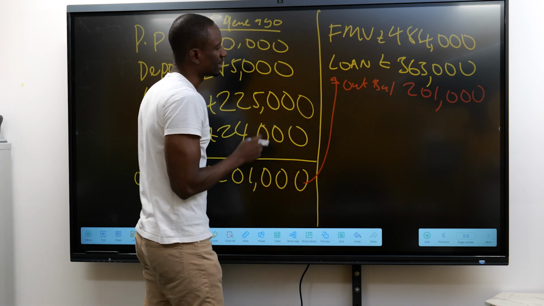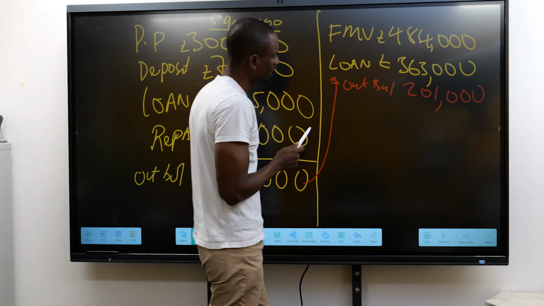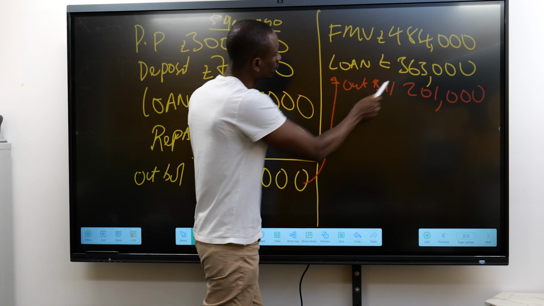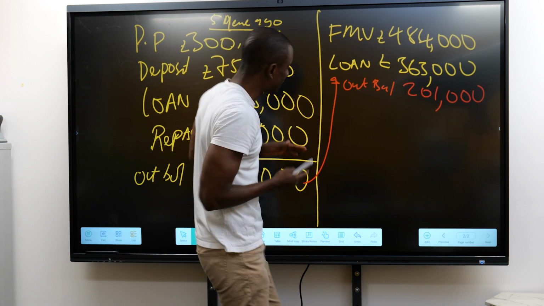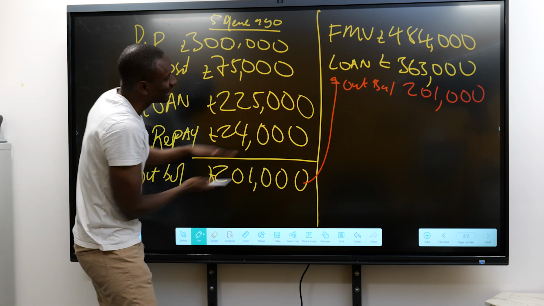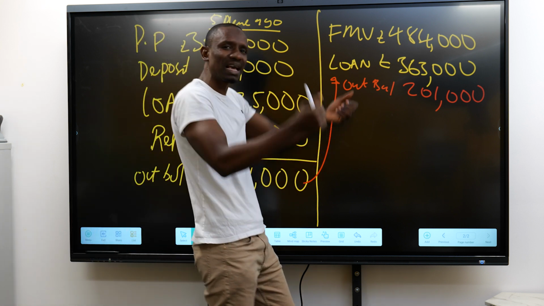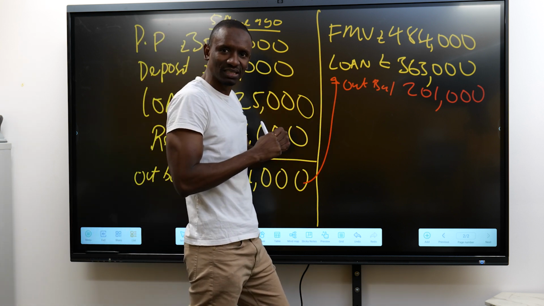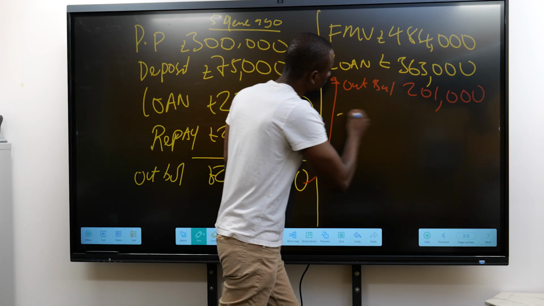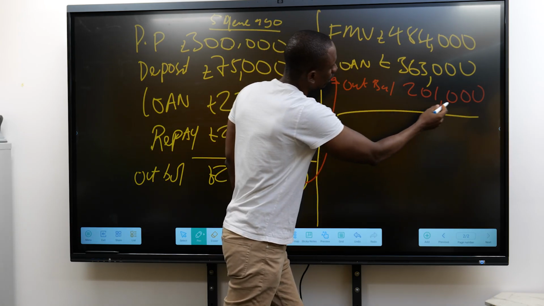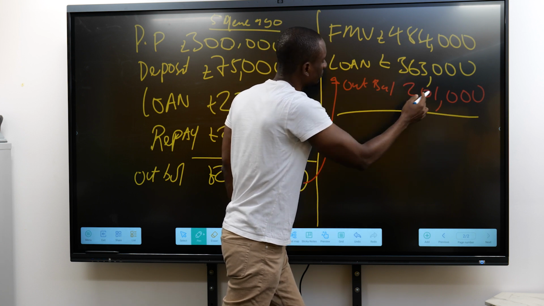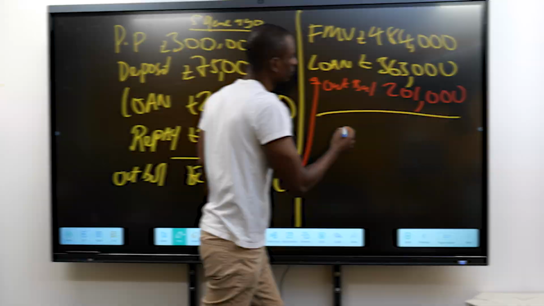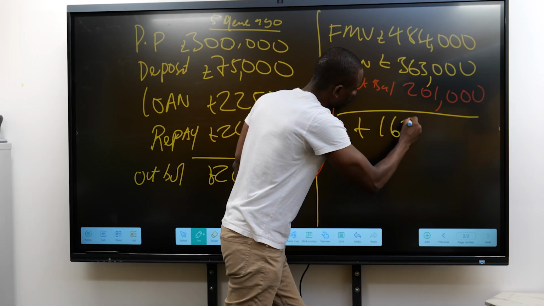So when we're remortgaging, the first thing we need to do once we've received that money is to pay the existing loan, our existing lender, in order to exit that product. Is that making sense? So therefore, if you minus £201,000 from £363,000, it would give us £162,000.